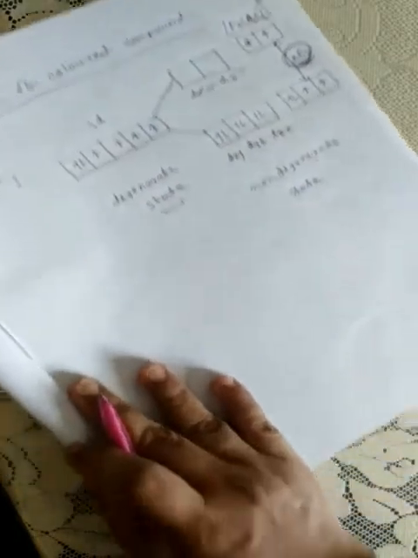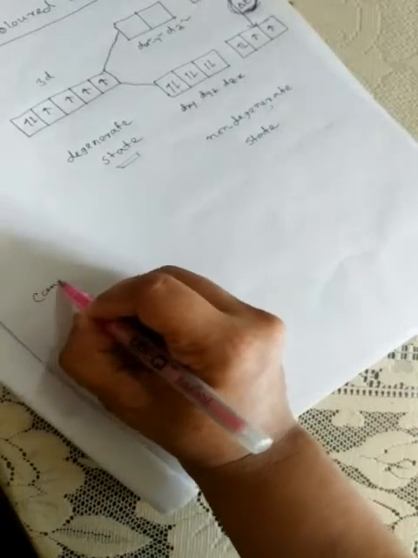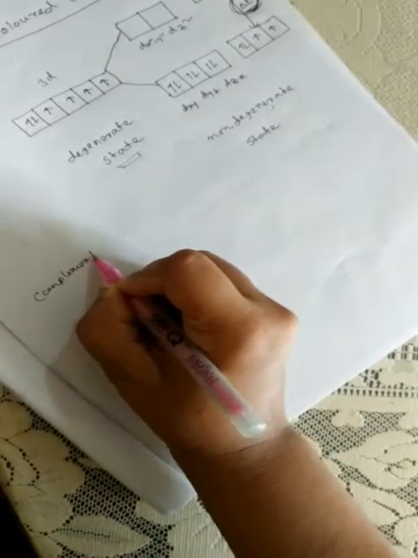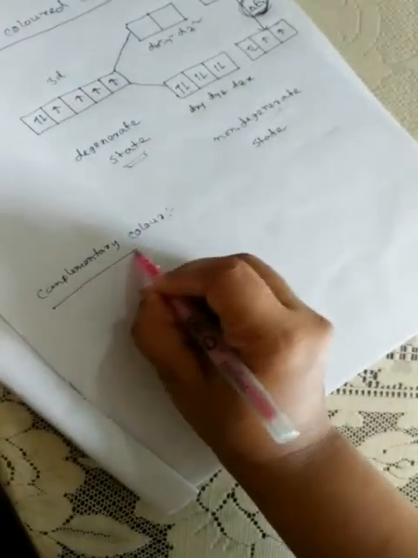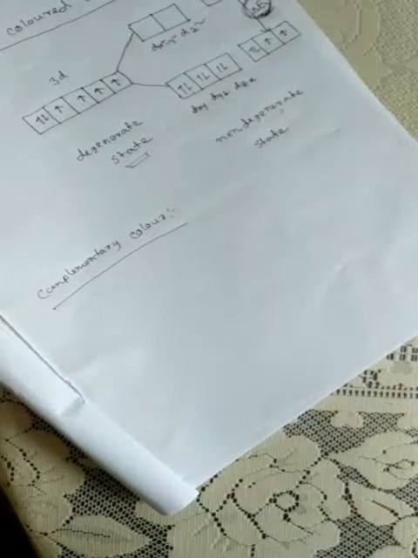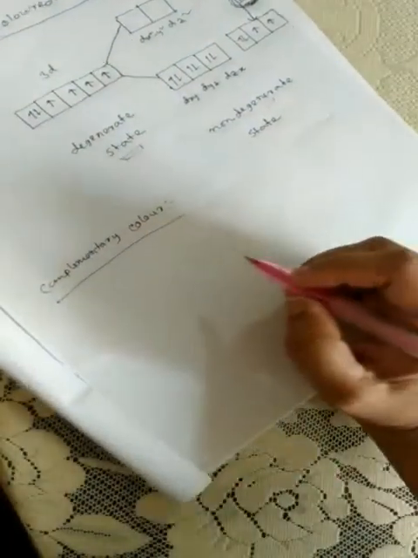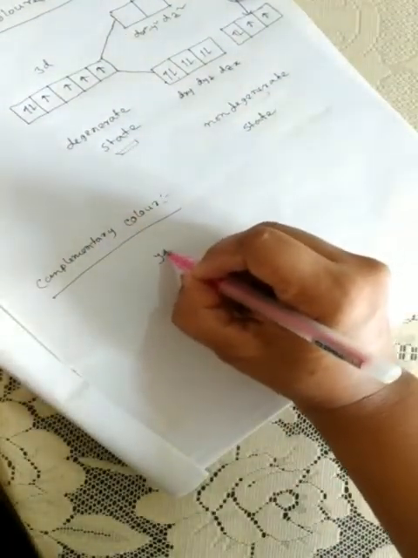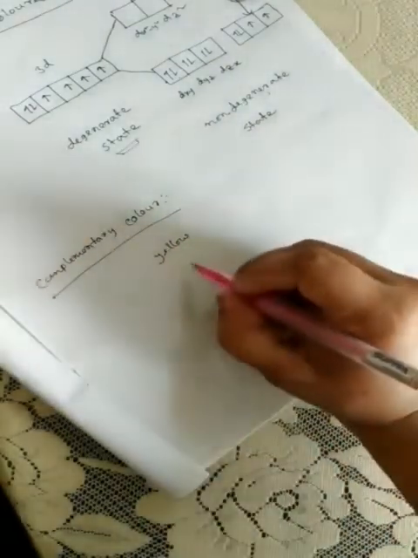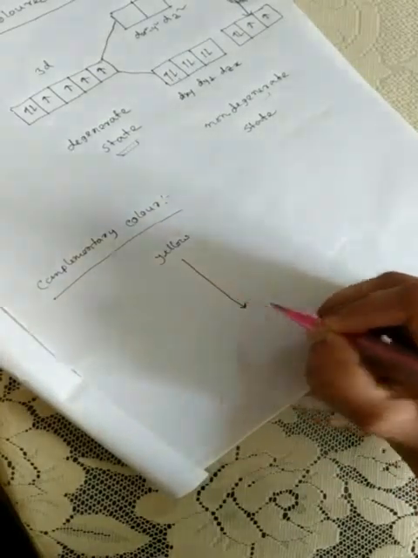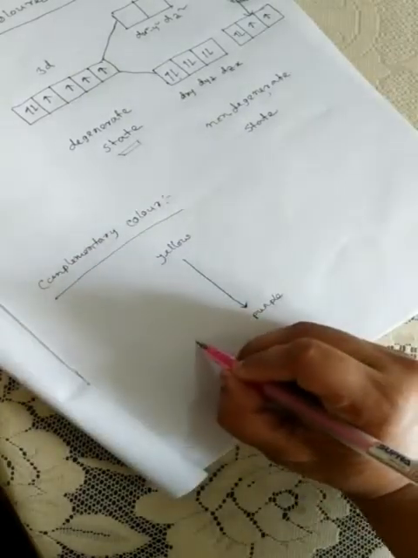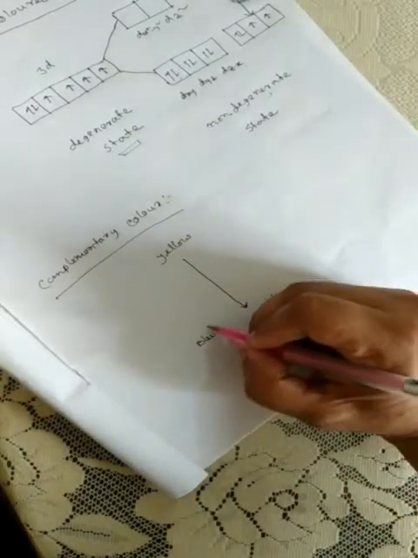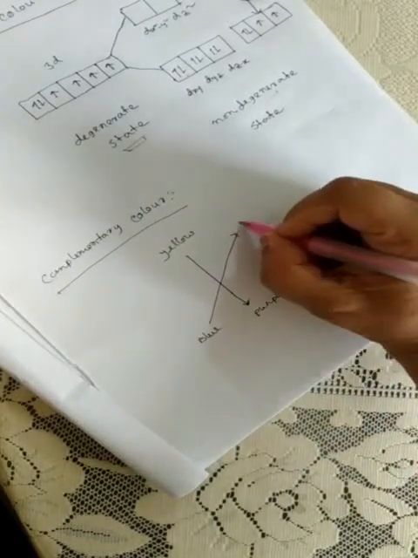So which complementary color? If it absorbs yellow color, its complementary color is purple. If it absorbs blue color, its complementary color is orange.